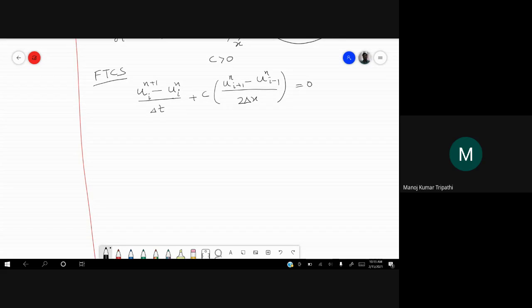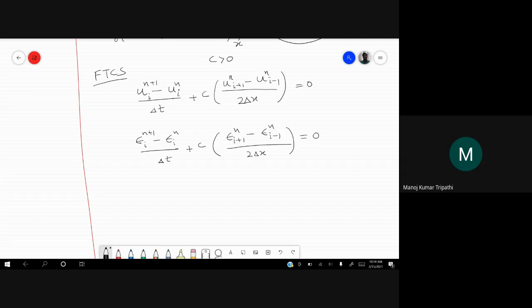Now this equation will also be satisfied by the error between the exact difference solution and the numerical solution, which is the round off error. So we can write epsilon n plus 1 minus epsilon n by delta t plus c epsilon i plus 1 minus epsilon i minus 1 by 2 delta x.